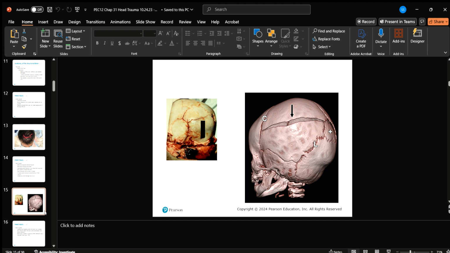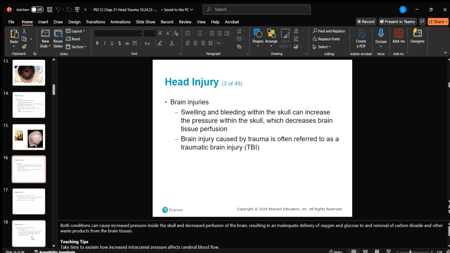All right, here's an example of a skull fracture. Like we said, they're typically linear. All right, this is a linear fracture. We can have brain injuries, like we were talking about just a second ago when we talked about the swelling and bleeding of the skull. All right, so let's say they have an aneurysm. All right, so they have a bleed in the brain.